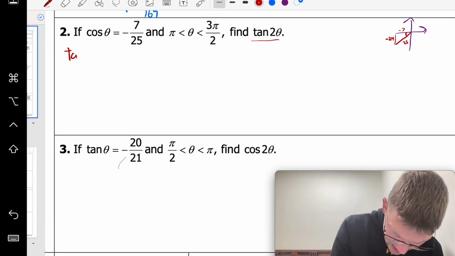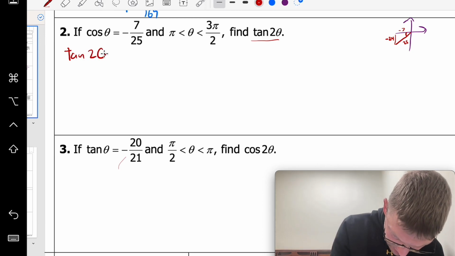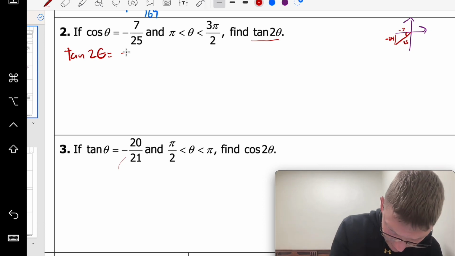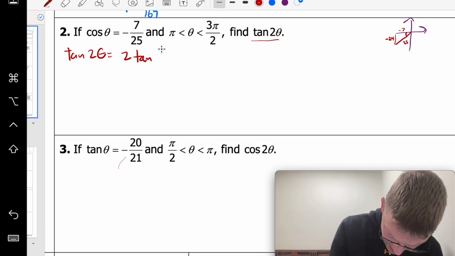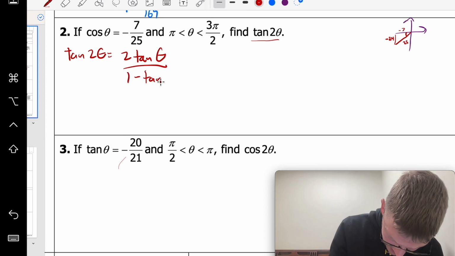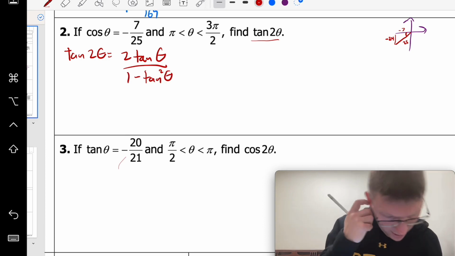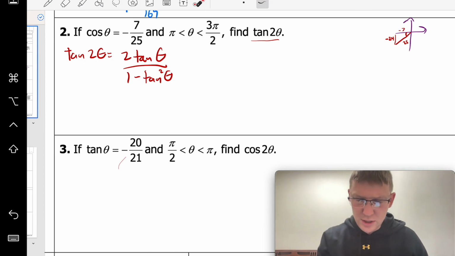So then we're just going to look at this for all of our tangents.